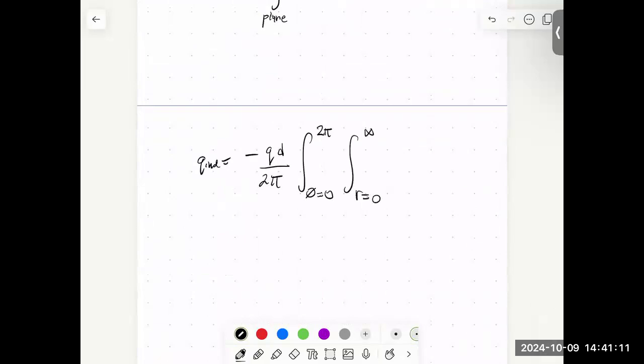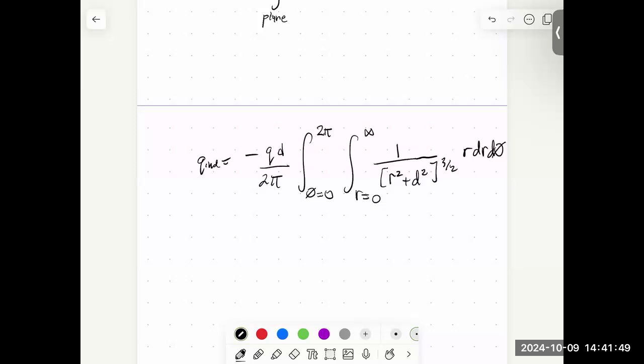And we had 1 over x squared plus y squared, which we're going to write as r squared, and then we had a plus d squared, and that's all to the 3/2 power. Yeah, it's how much charge is being concentrated near the center of our conducting plane. And then in polar coordinates, we have to do r dr d phi as our little patch of area.